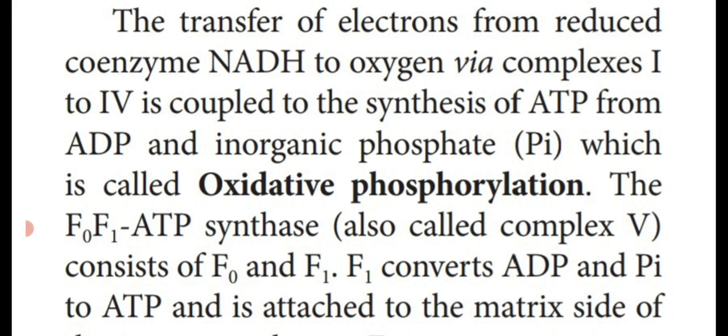So during the oxidation process, one molecule of inorganic phosphate is added to the adenosine diphosphate to form ATP. So phosphorylation takes place at the time of oxidation. This is known as oxidative phosphorylation.